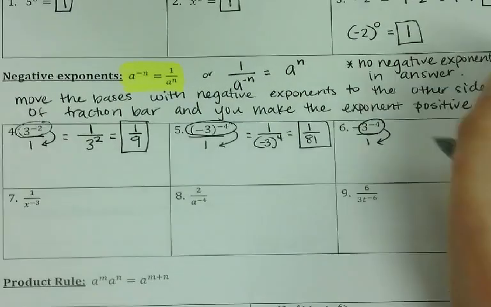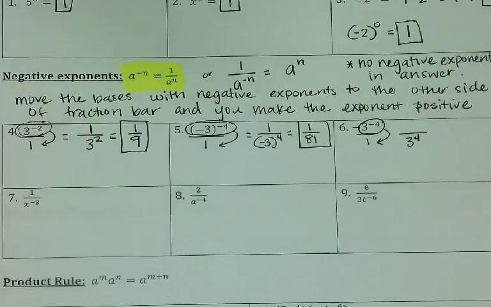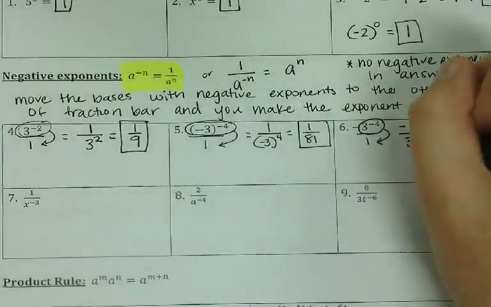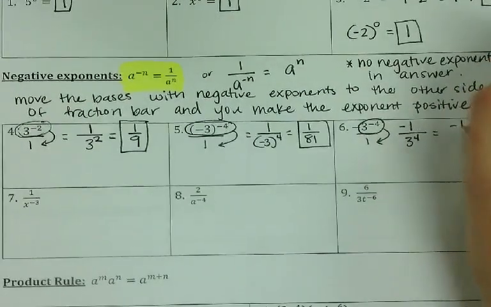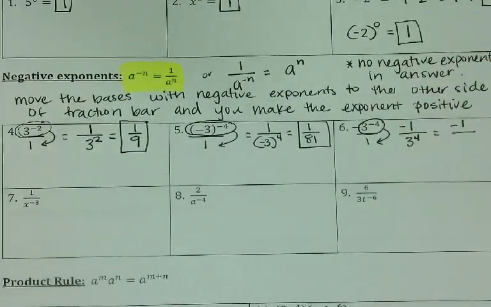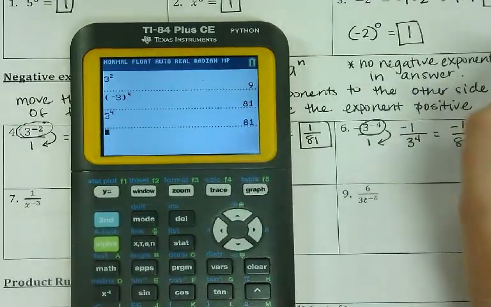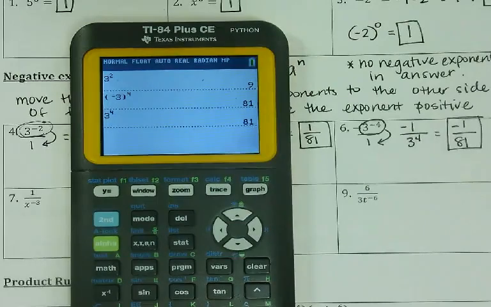So we're only going to move the 3 down to the bottom because there is no parentheses, so that negative is not included. So we leave behind the negative, and we have to have a little placeholder of a 1. And that gives us negative 1 over, and we already know 3 to the 4th power is 81. So that becomes negative 1 over 81.